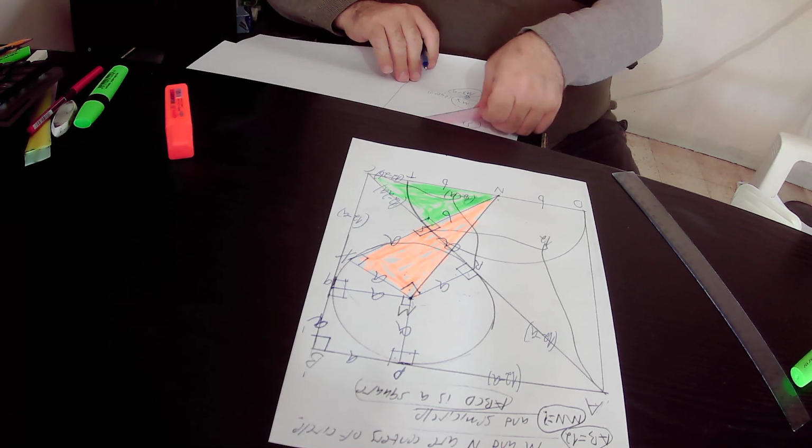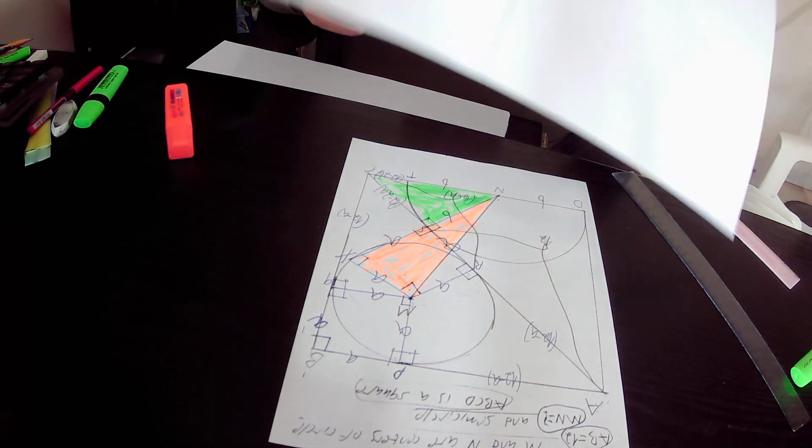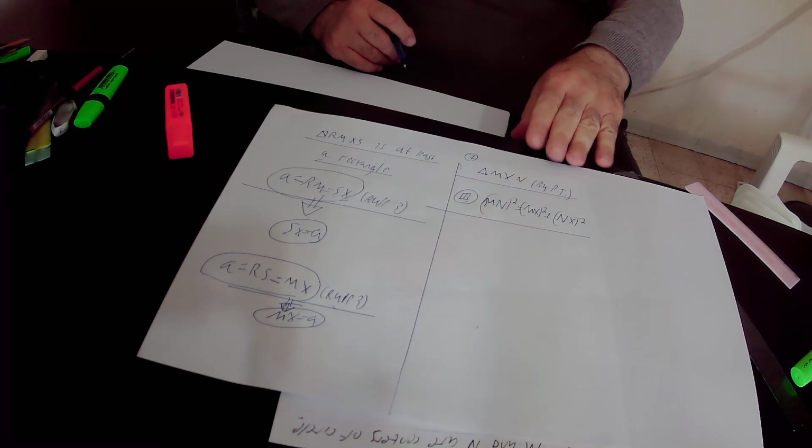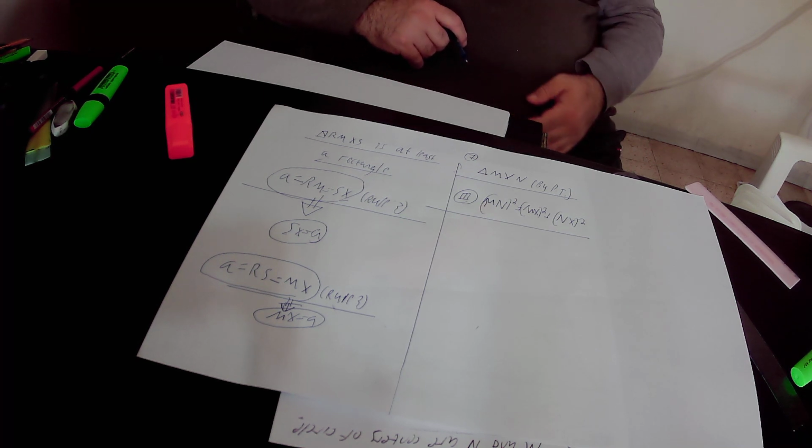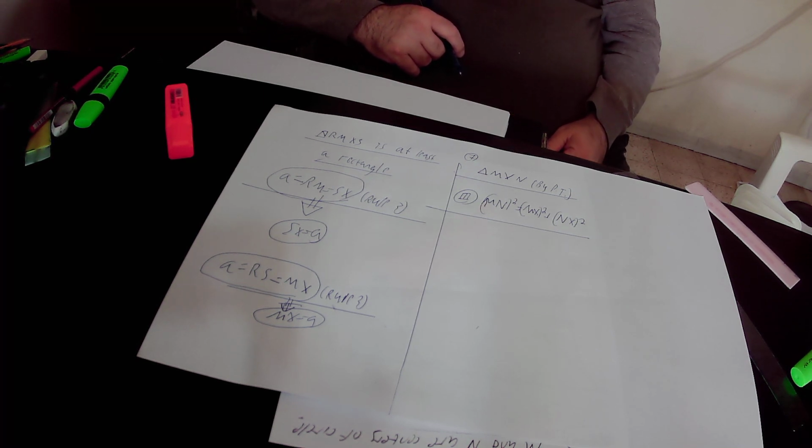That is to say, MN squared equals MX squared plus NX squared.